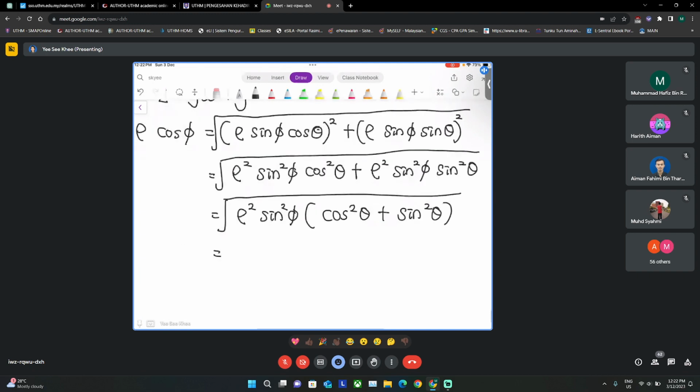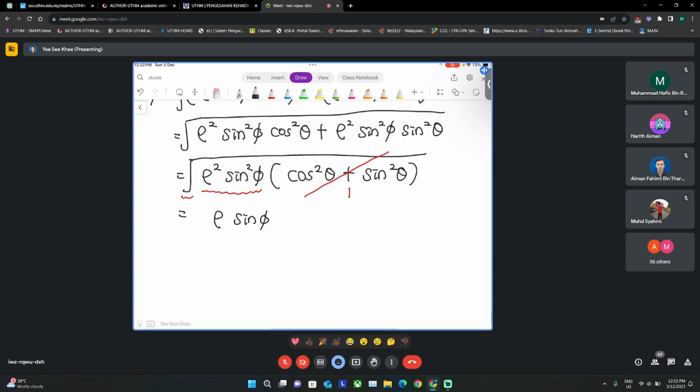Once you know this, you can always apply it. You don't need to derive it repeatedly. This will be equal to 1. So now you are left with this thing, and also the square root. This is easy because there is no plus. So you can write it as rho sine phi.